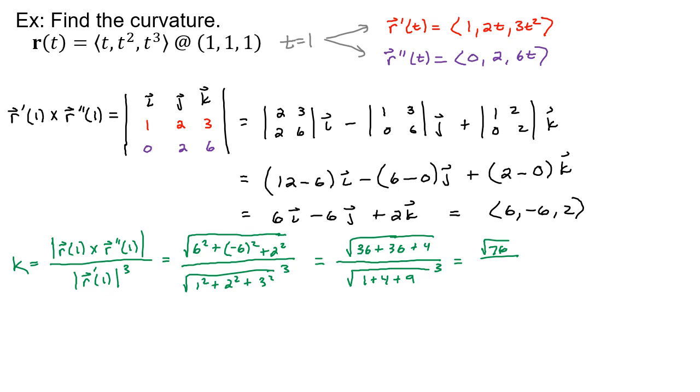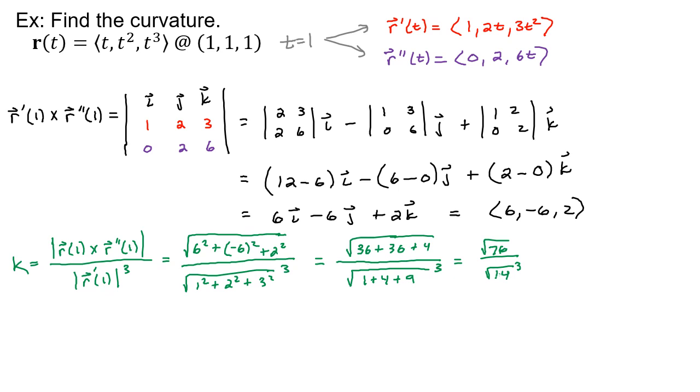On the bottom, 4 and 1 make 5, and 9 make 14. So that doesn't come out terribly good. Not awful, but, I mean, it could have been better, right?